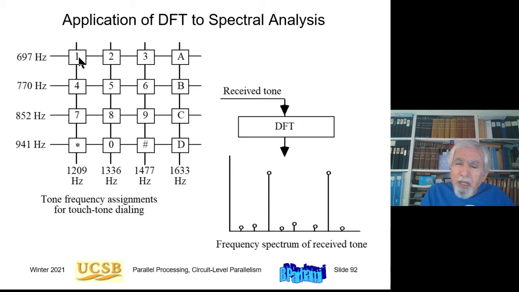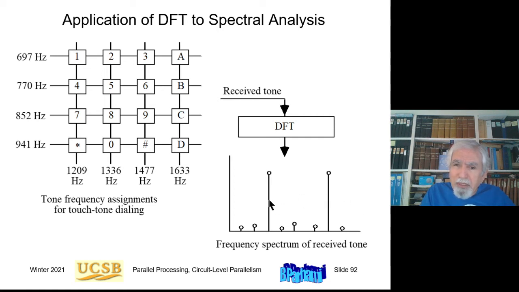So when you press 1, it makes its distinctive tone composed of two sounds, 697 hertz and 1209 hertz, and so on. So when you press one button, the received tone at the other end can be put through a discrete Fourier transform, which exposes the two frequencies.